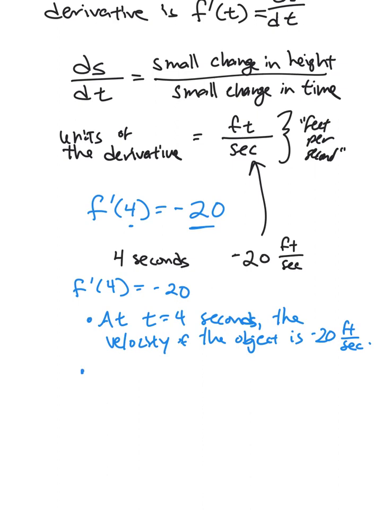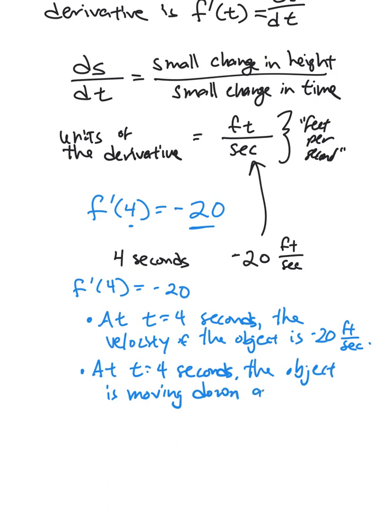Another way to interpret it is to say at t equals 4 seconds, the object is moving down at 20 feet per second. That seems almost the same, but notice here I'm saying moving down at 20 feet per second. In the first one I said negative 20, so that negative I'm turning into the phrase moving down.